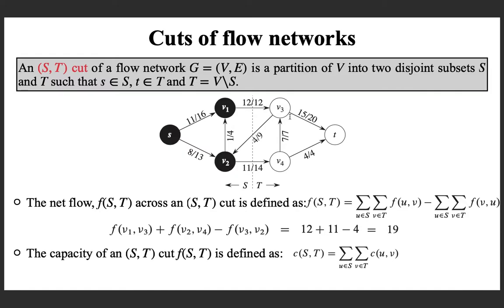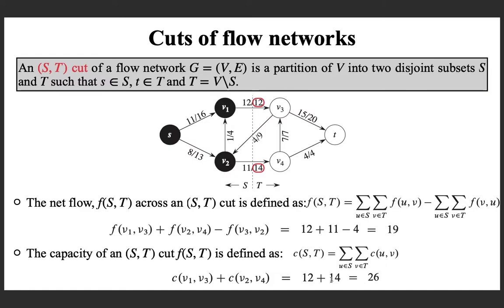There we are not considering the reverse edges. This edge is not considered. Only those edges which are going from the set S to the set T contribute towards the capacity of the cut. So, just take the sum of capacities. In this case it will be 12 plus 40, because these are the only two conduits going from left to right. Just add the capacities, you will get the total capacity as 26.